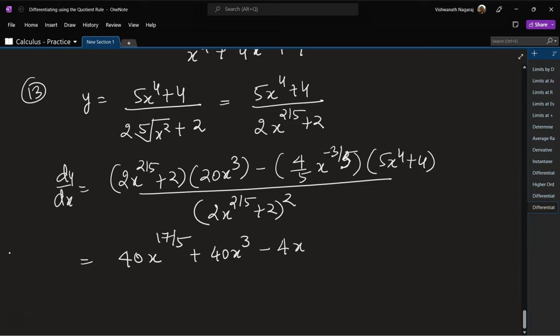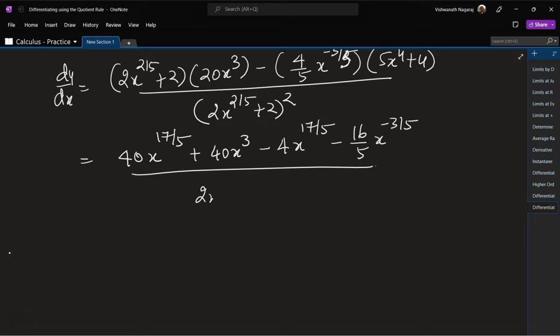So 5 fours 20, 20 minus 3 is 17 by 5, again minus 4 fours 16 by 5 x to the power of minus 3 by 5, divided by 2x to the power of 2 by 5 plus 2 whole square.